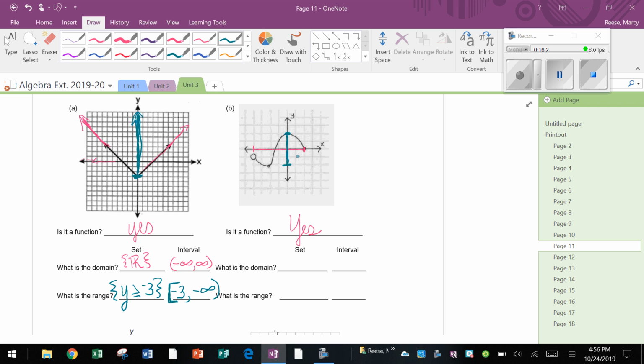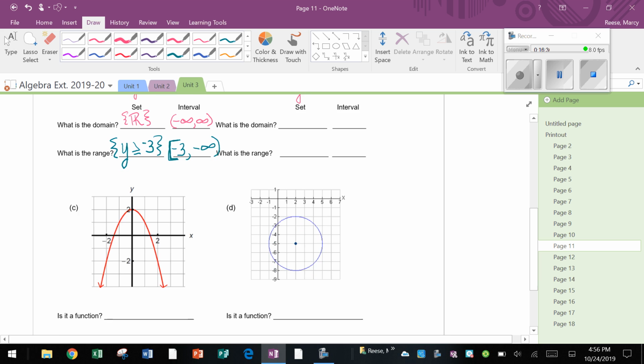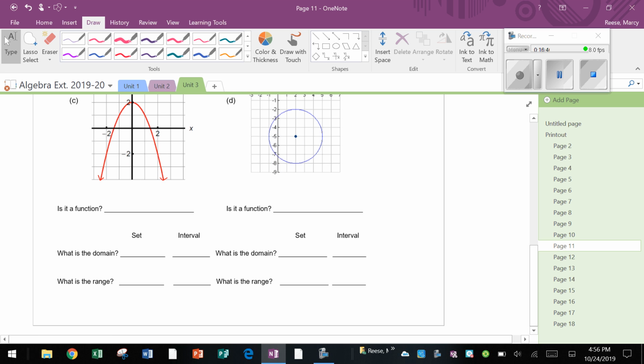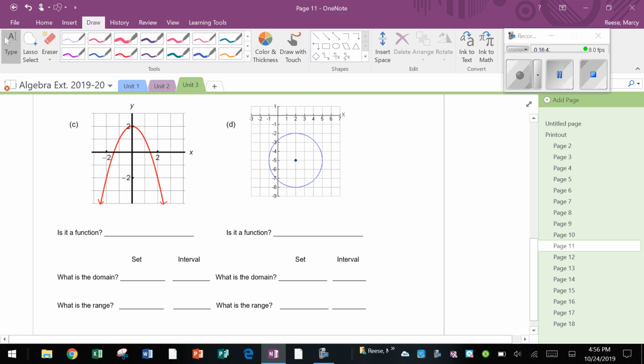You're going to do B for me. Okay? You're going to do B. I'm going to do C, and then we'll stop. I'm not even going to do D with you. We'll just stop at C. We'll do one more.